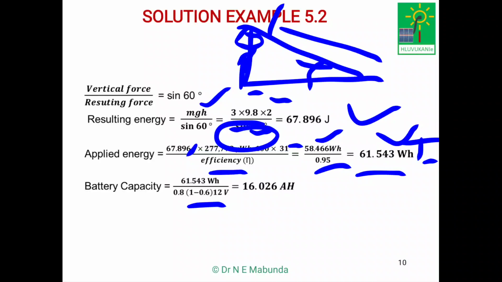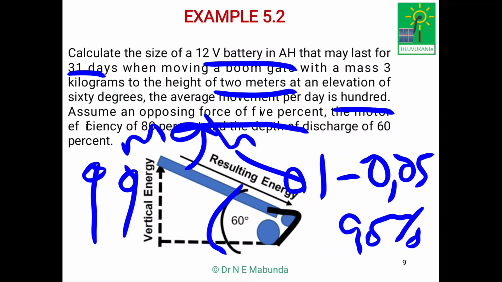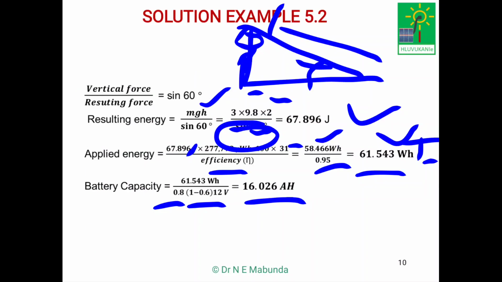Okay, so overall, the battery which is required is equal to 16.8. So this is 80%, which was the total efficiency of the motor there. Right. So you consider the efficiency of the motor and the depth of discharge, and then you have 16,026 amp hour. That is a good example. Just study that, make sure you understand.